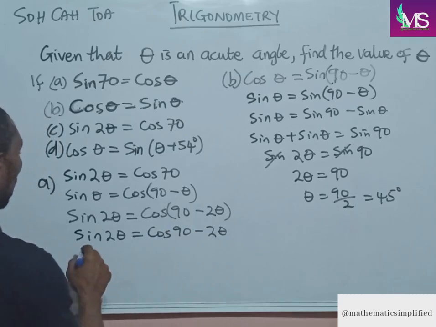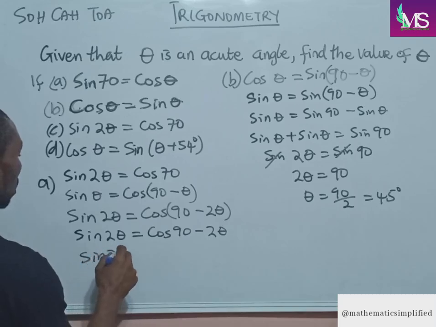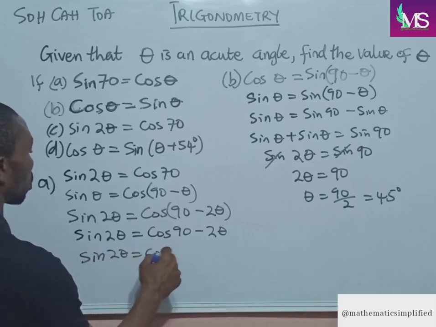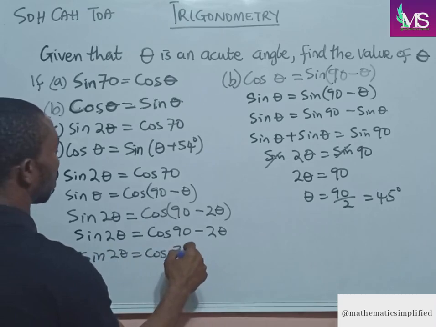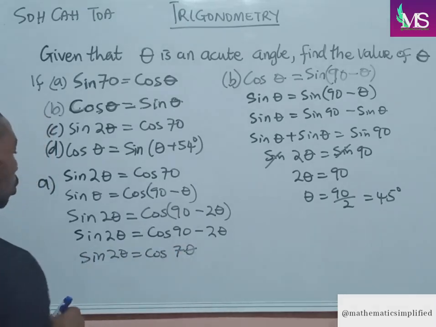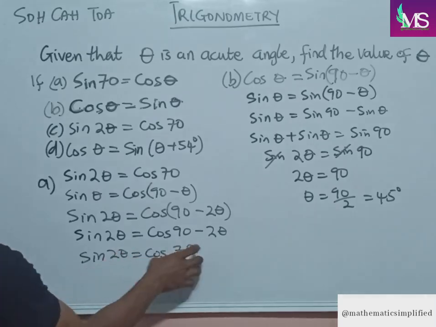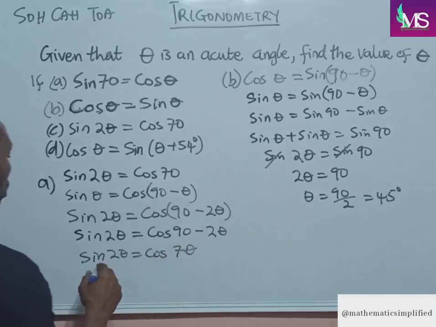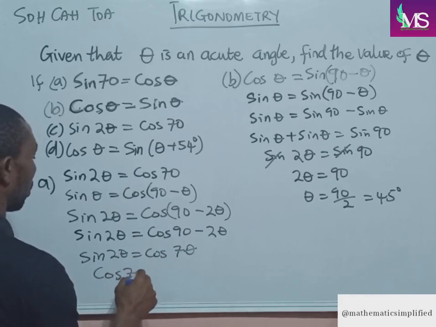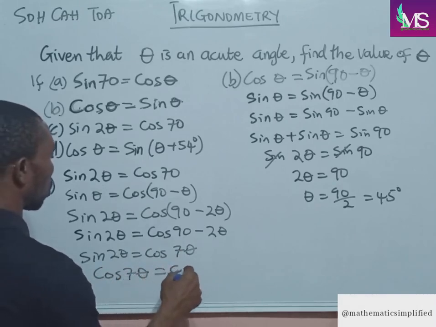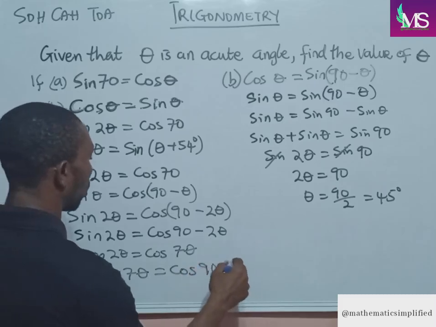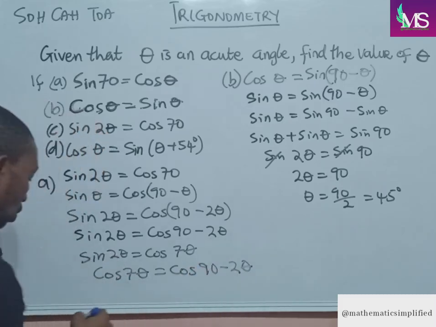But we know that our equivalent of sine 2 theta is cos 7 theta. So now replacing sine 2 theta with cos 7 theta, this will give us cos 7 theta equals cos 90 minus 2 theta.